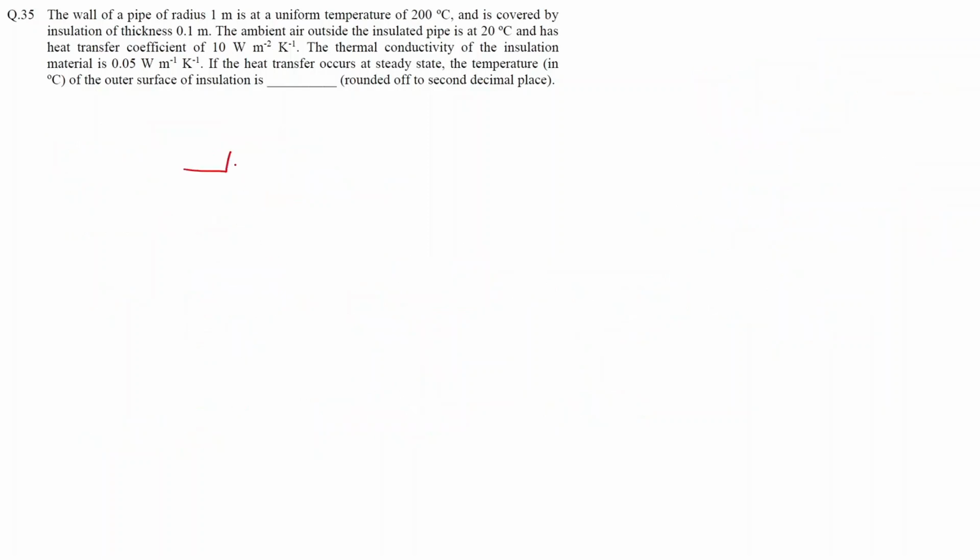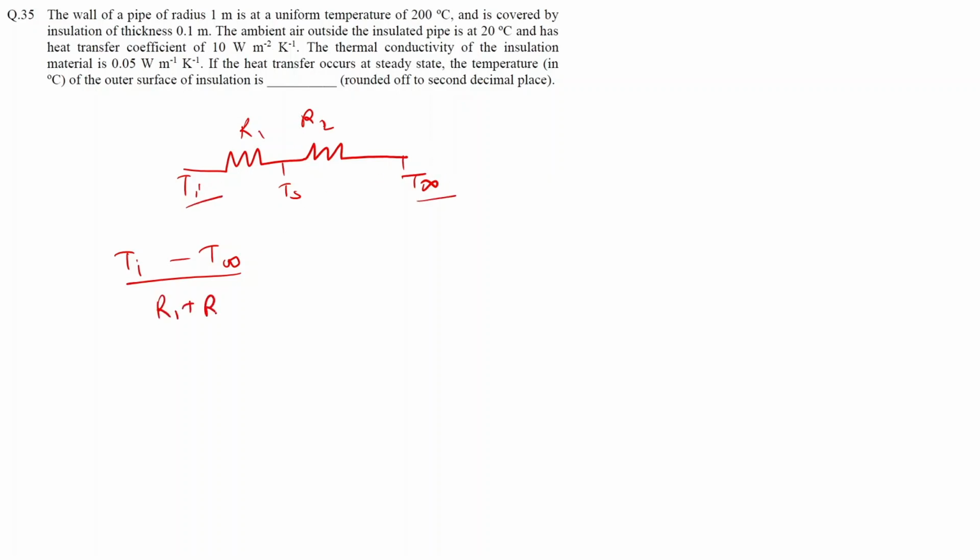So for the given resistance diagram, Ti, Ts and T infinity, if we write the energy balance, we can write the overall heat flow as Ti minus T infinity upon, so this is Ti and this is T infinity, and between them we are having two resistances, so it will become R1 plus R2.